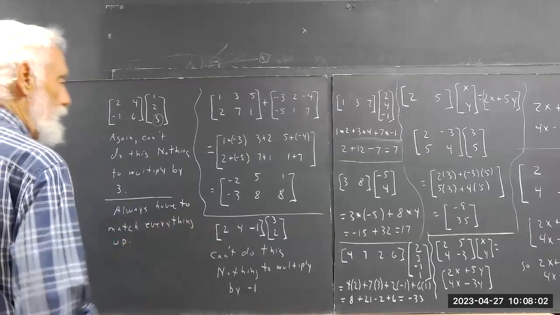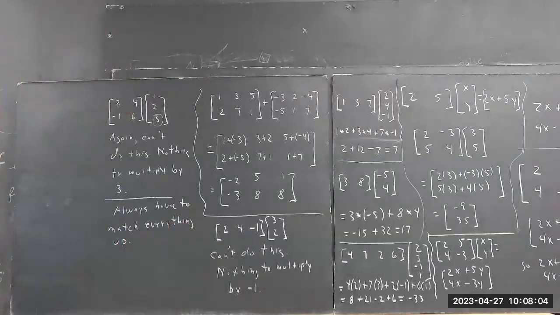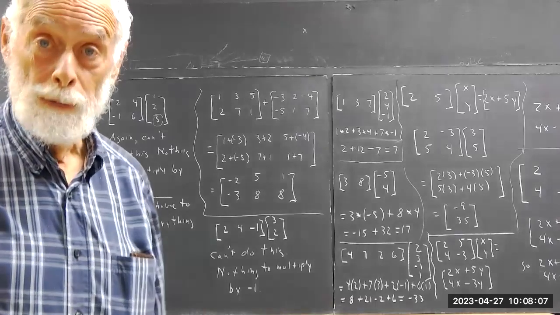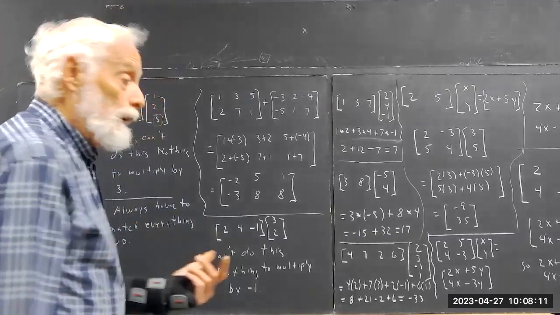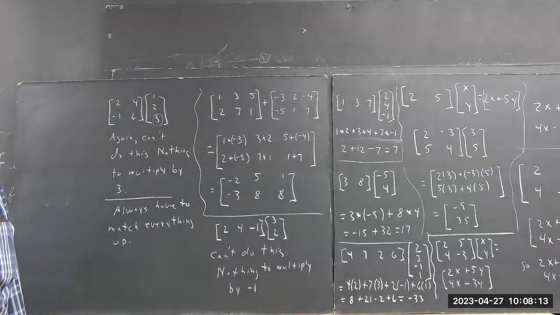Now, when you read your assignment, you'll see that stated more formally. Essentially, the row and the column both have to have the same length.